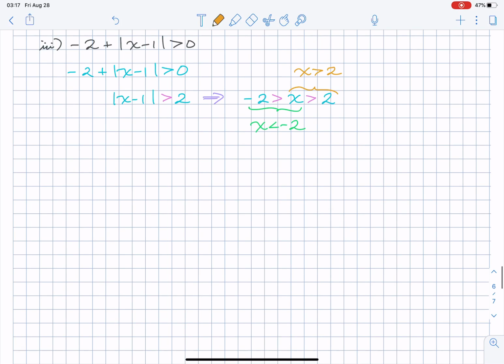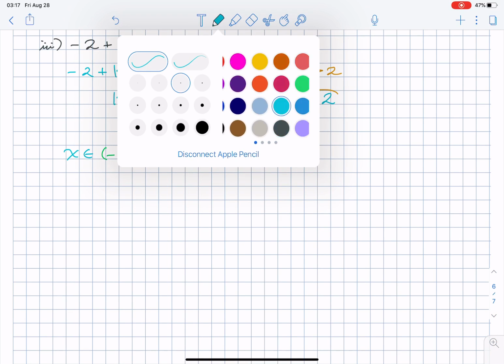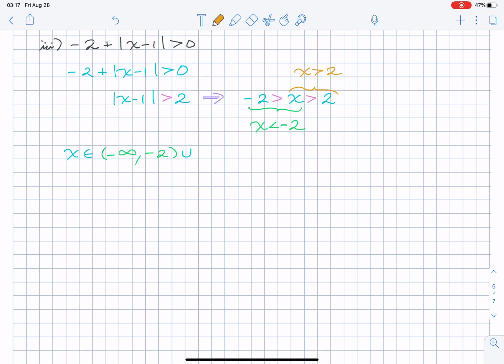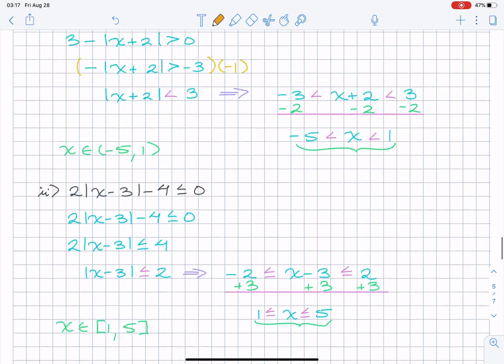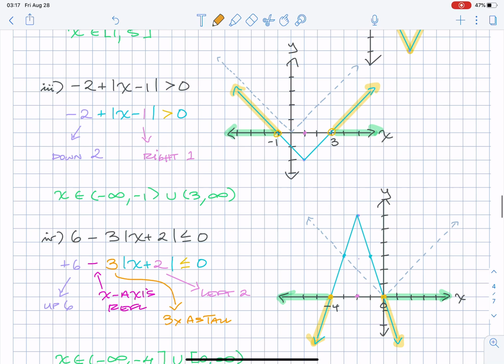So the way we would write these two intervals is x is between the green interval, if x is less than -2, that's from -infinity to -2, union the gold interval, if x is larger than 2, that would be from 2 to infinity. And notice that is what we got.